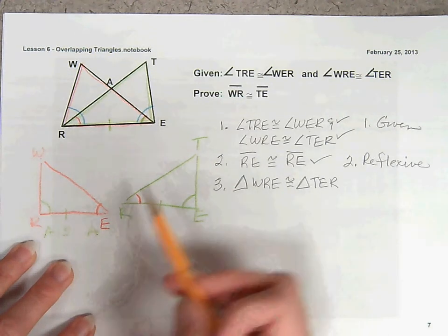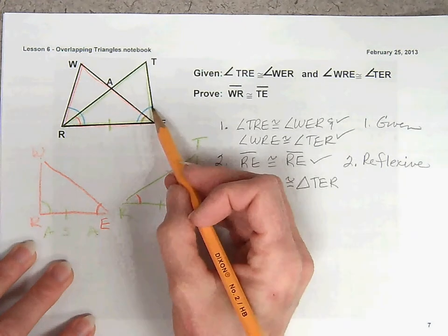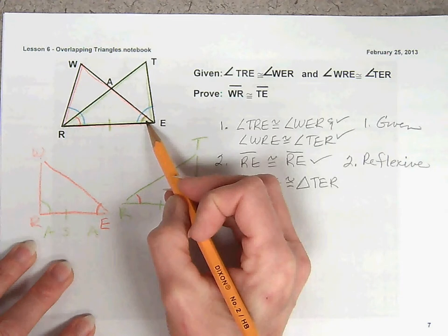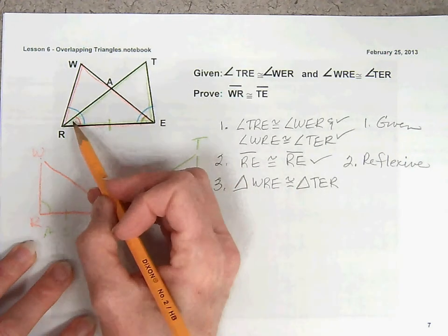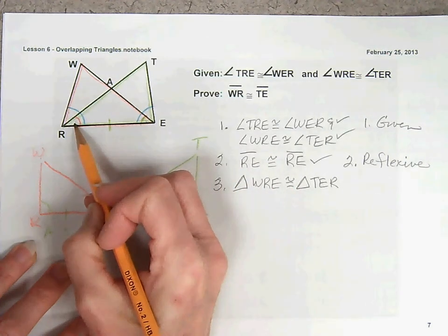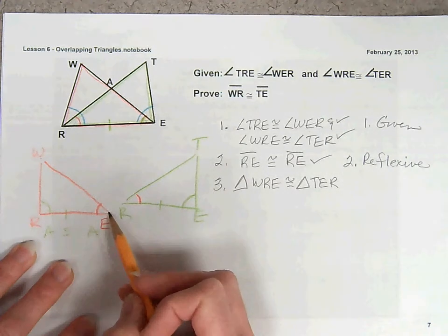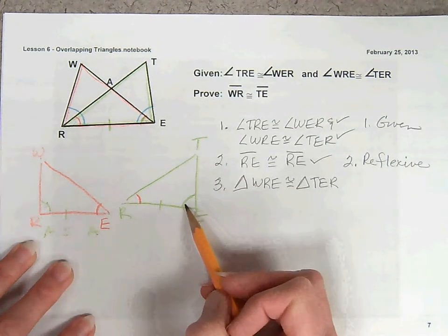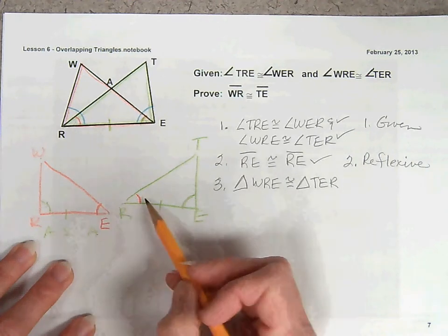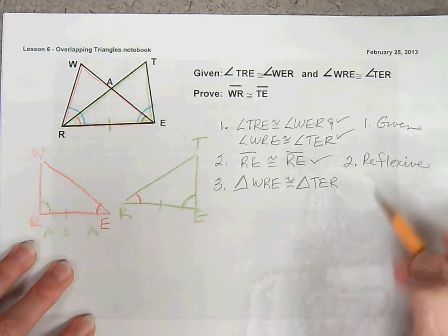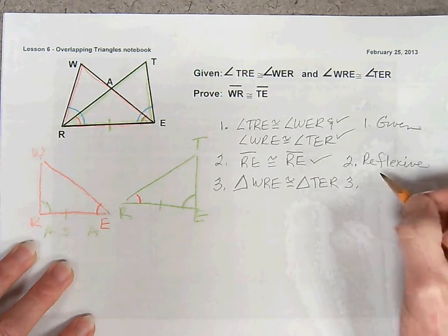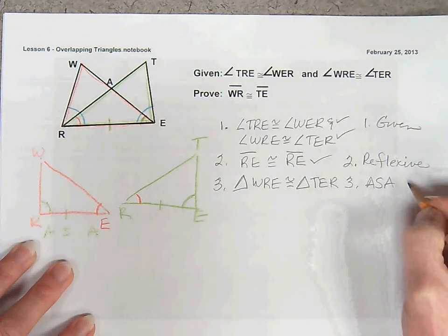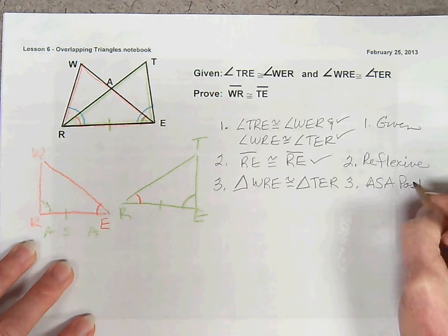And that's because if you look at the original picture, there are two different angles that could be associated with angle E, and two different angles that could be associated with angle R. But when we separated them, this is how it turns out. That's why I use the green to show the ones that are congruent and the red to show the ones that are congruent. Okay, and the reason we can say those triangles are congruent is because of the angle, side, angle postulate.